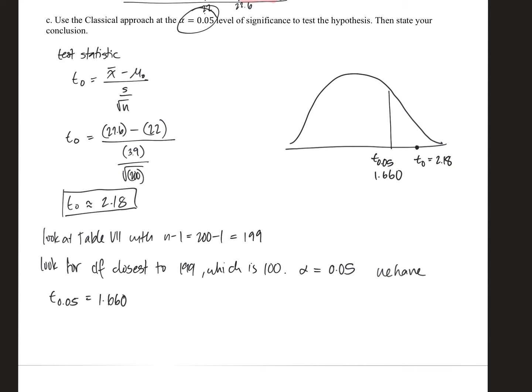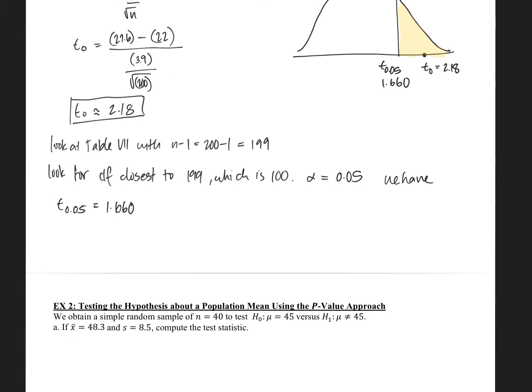So notice, our test statistic is inside the area, which means it's greater than. So since our t sub 0 is greater than t of 0.05, what do we do? We reject the null hypothesis. Period.